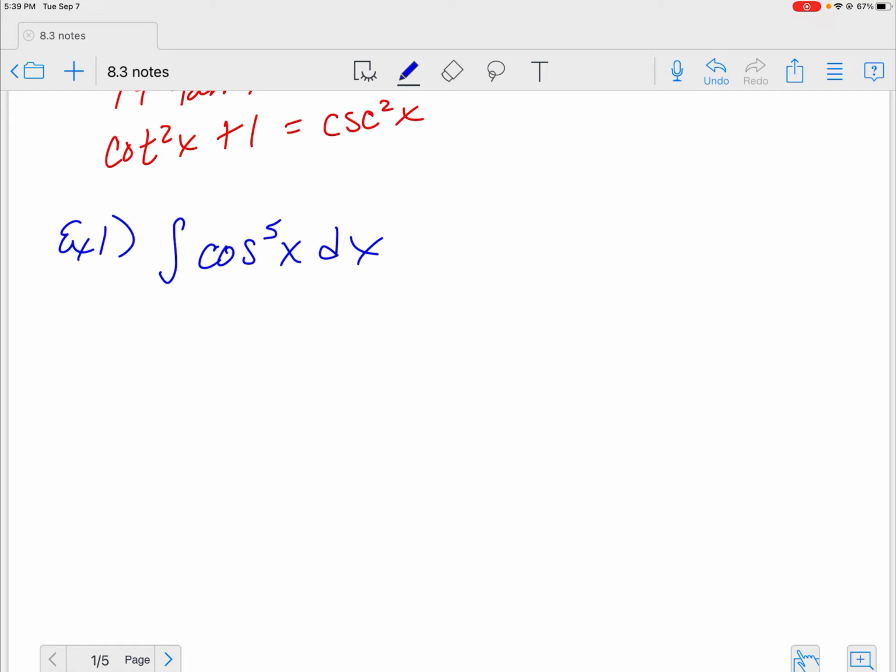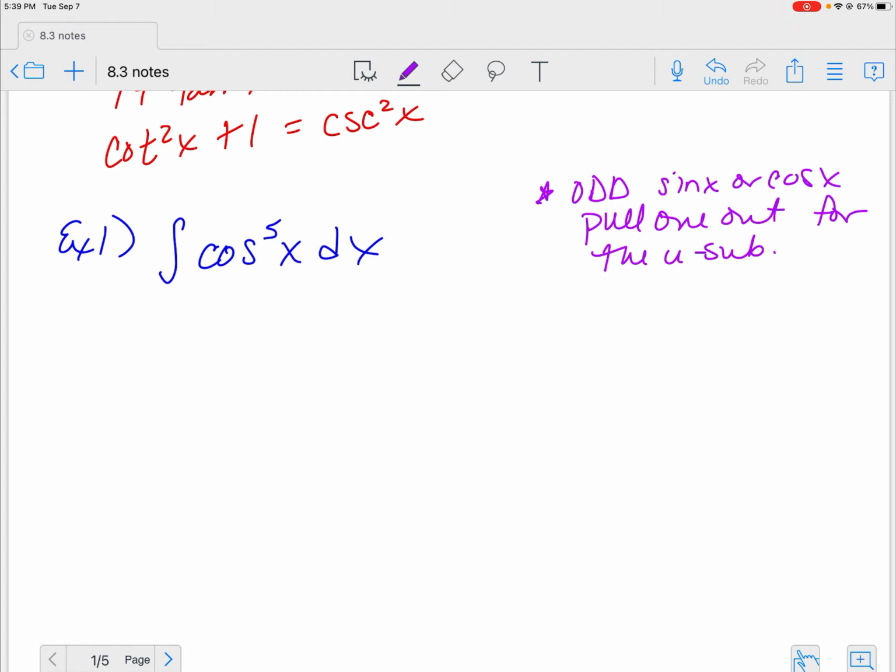For this problem, here are some keys. Odd degree of sine or cosine, pull one out for the u sub.